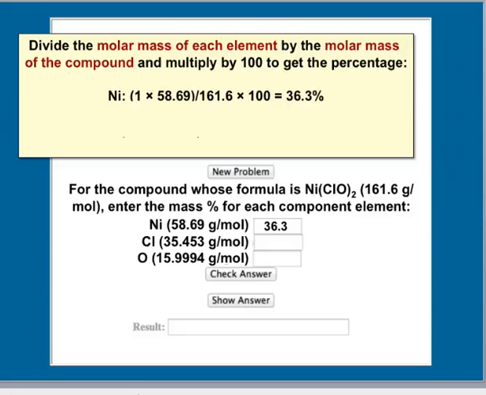What's the charge on our nickel? Every hypochlorite is -1. This must be nickel 2 hypochlorite. All right, so we have 2 chlorines. They each weigh 35. Divide by 161, 43.9%.